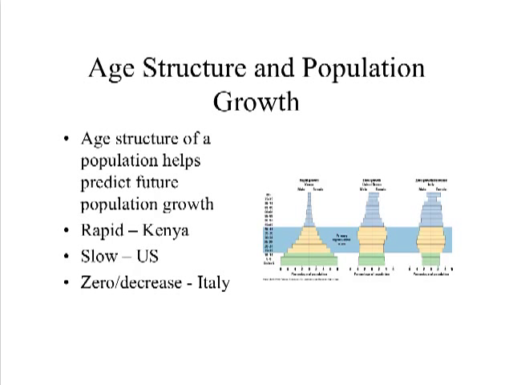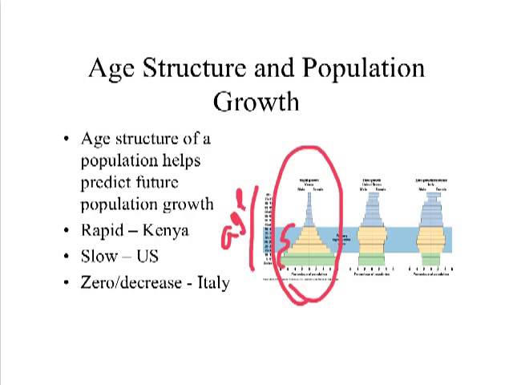A rapid population growth is going to be seen by this one right here, where we have lots of young people, not very many old people. This is age on the side here. Obviously, those young people are going to grow older and have lots of kids, so we're going to see a very rapid population growth in that area.